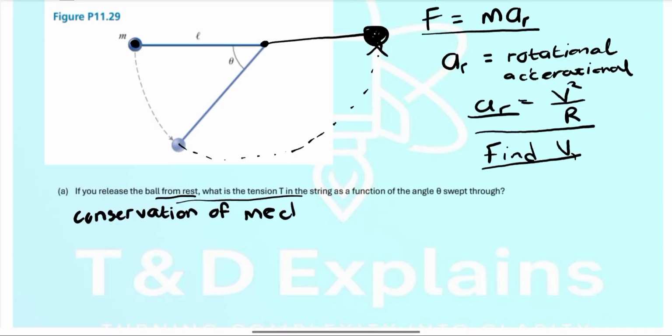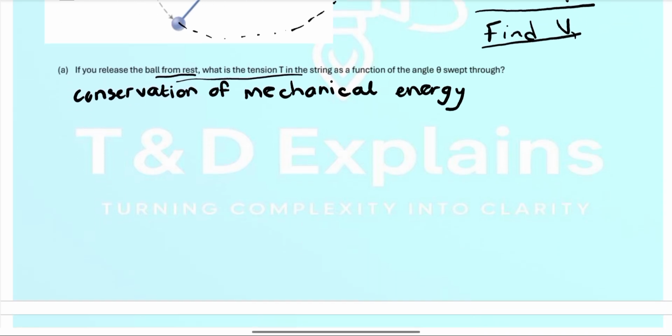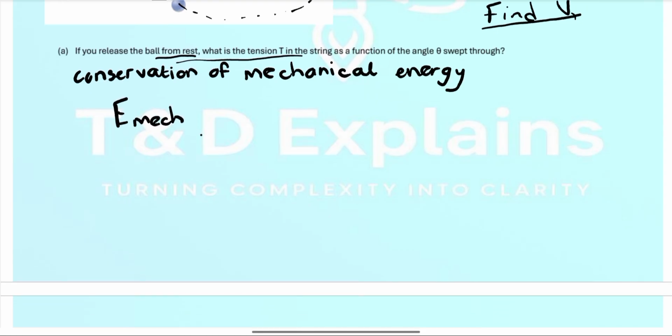We know that for mechanical energy, the summation of potential energy and kinetic energy equals 0.